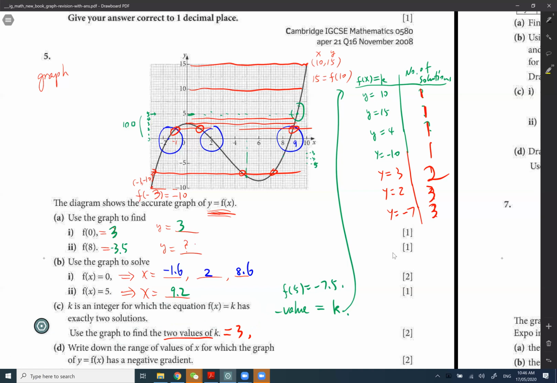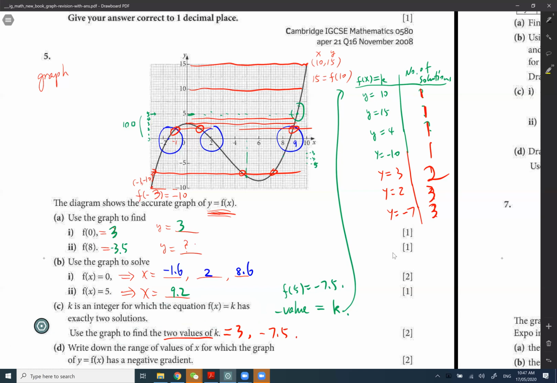The other one is not an integer. But roughly it's negative 7.5.